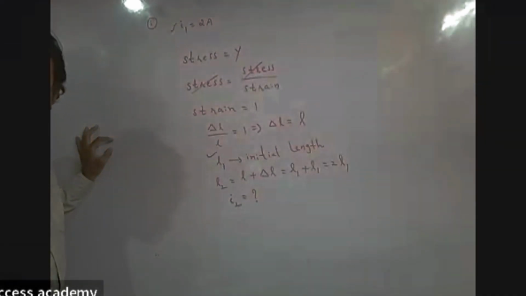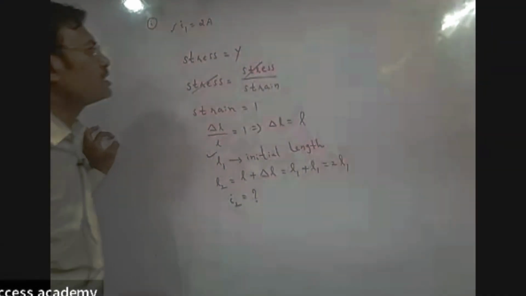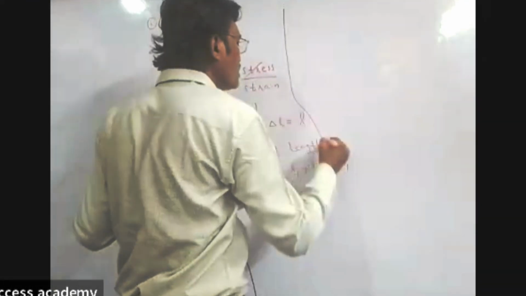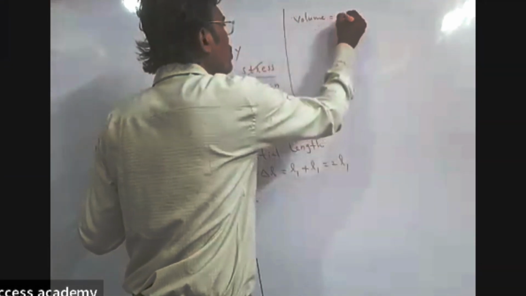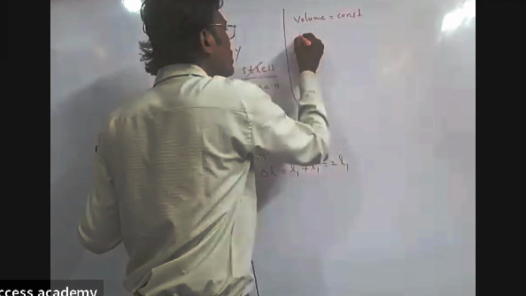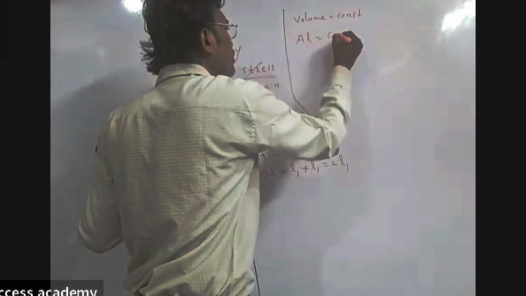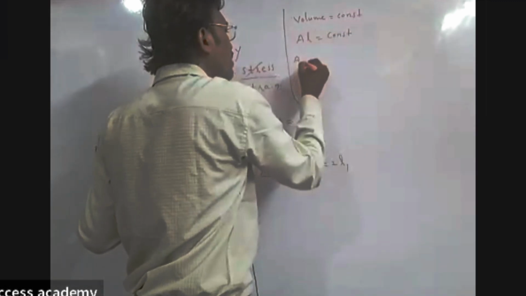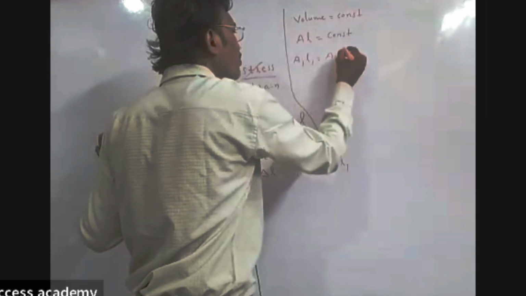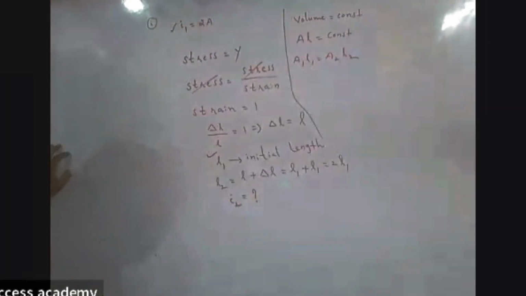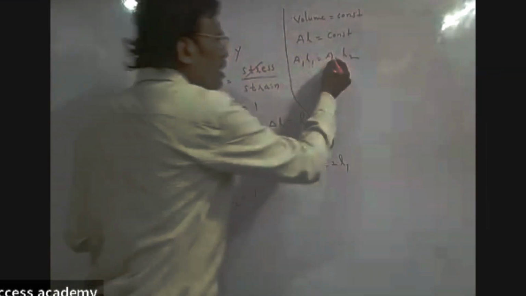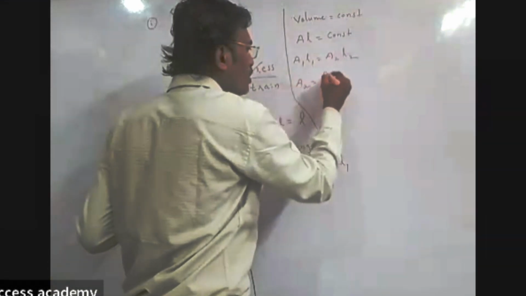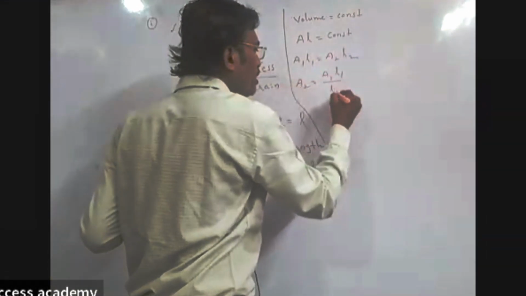For that purpose, here I am taking that volume is equal to constant. The volume of the wire is constant, no? Volume is nothing but area into length. So A1 L1 is equal to A2 L2. Then A2 is equal to A1 L1 by L2.